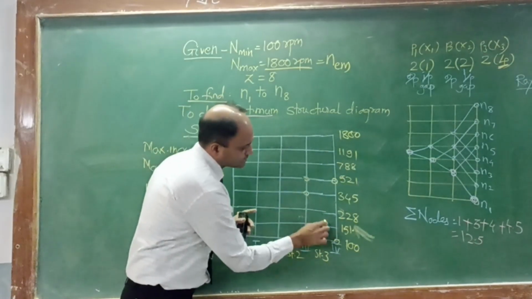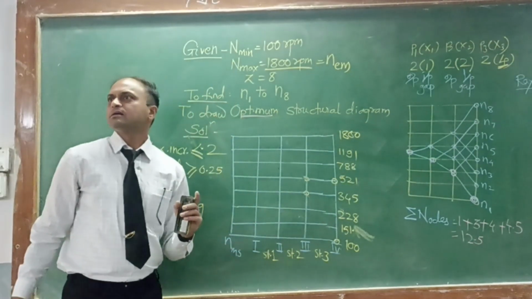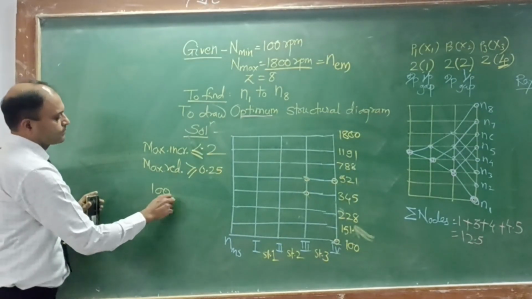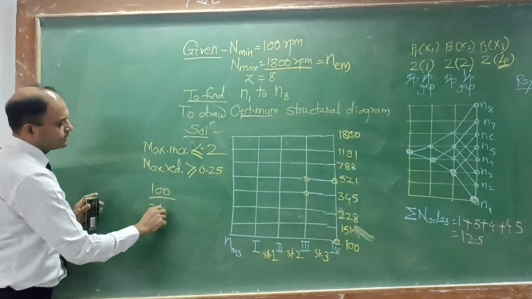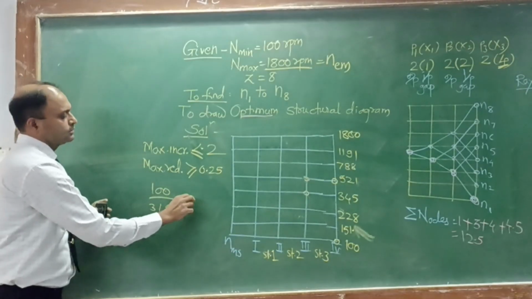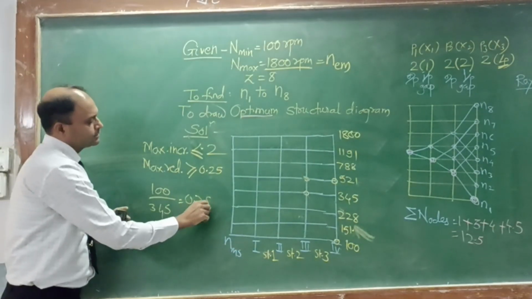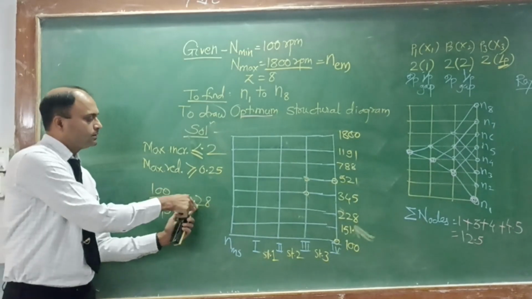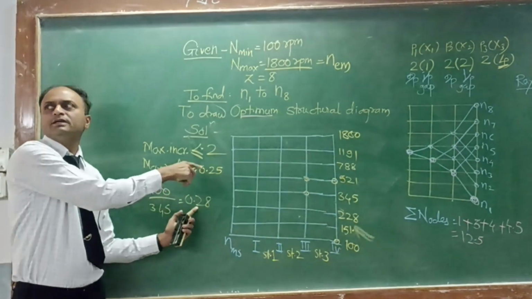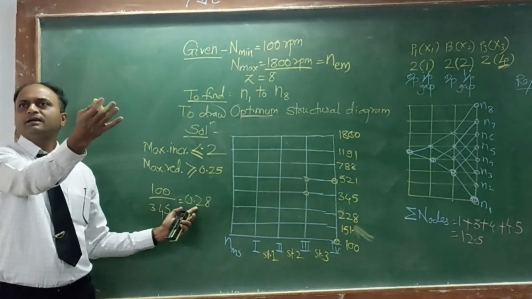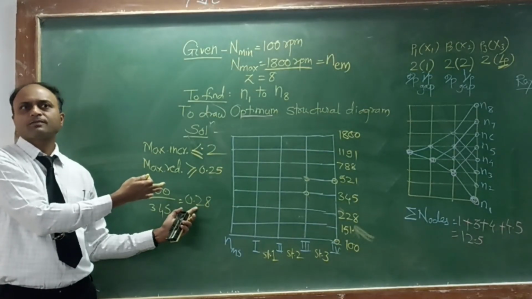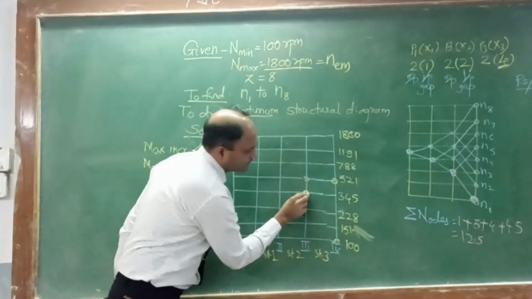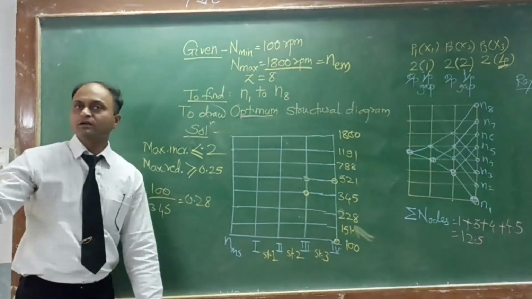So 100 divided by 345, 0.28. So this is acceptable. हमें 0.25 के ऊपर चाहिए, so I can connect it like this.